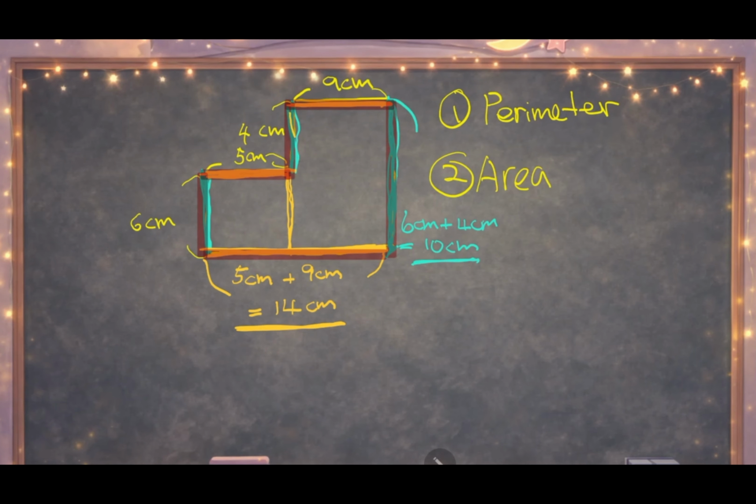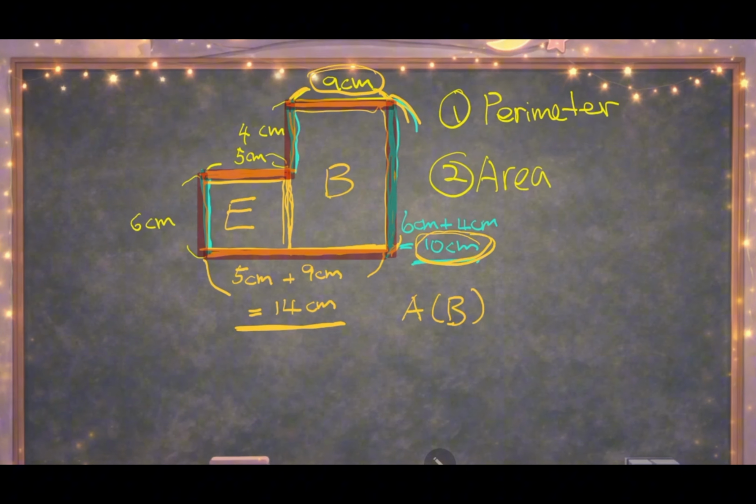So I will label this rectangle B, and this rectangle E. And I'll start by calculating the area of rectangle B. I multiply 10 by 9, which equals 90 centimeters squared.